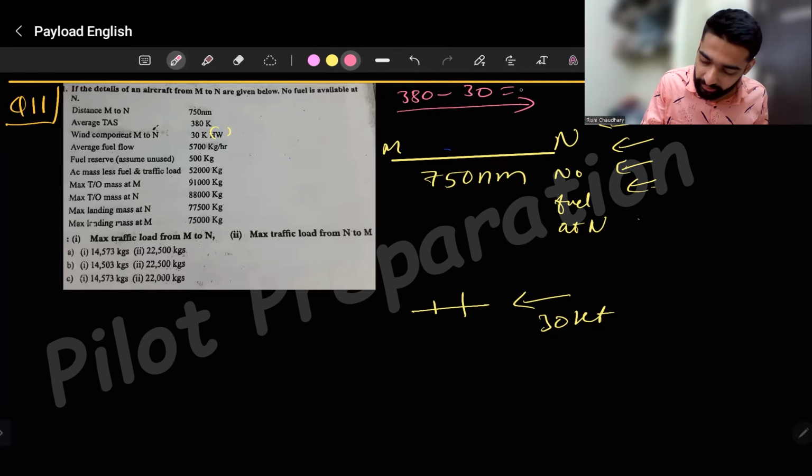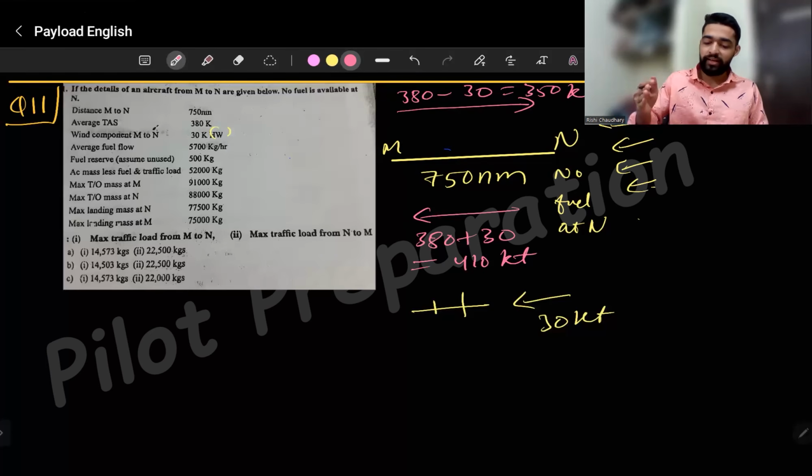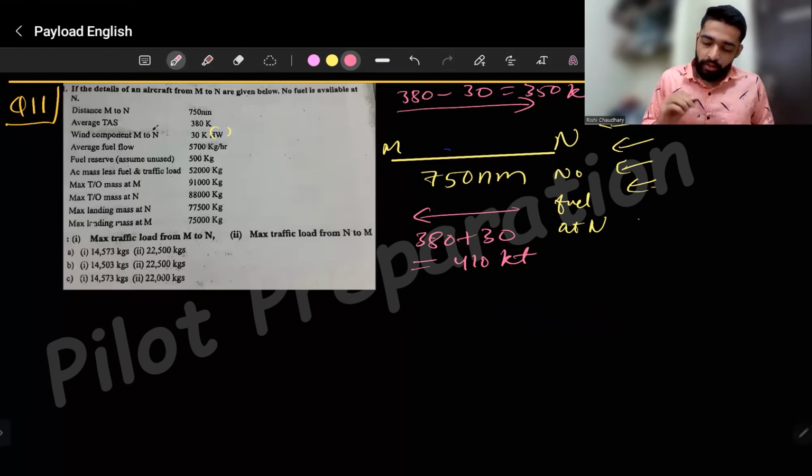So this will be 350 knots. Whereas in this direction, the speed will be 380 plus 30, because it will be added by the vector formula. So this is 410 knots. Correct? So we got both the speeds of the aircraft. From M to N, it will be 350 knots. From N to M, it will be 410 knots. Okay, I got these two values.